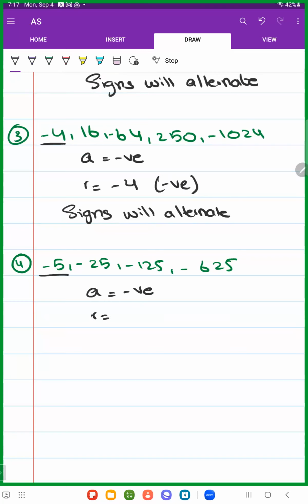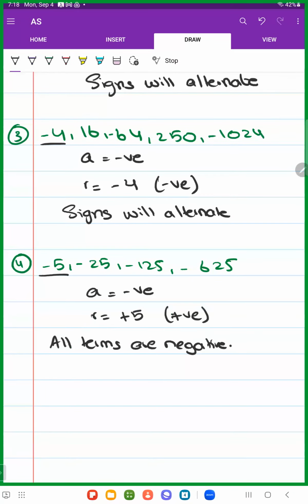What is R? +5. Yes, it's a positive 5. So it's a positive number. Can we conclude that if A is negative and R is positive, all terms are negative? Yes?